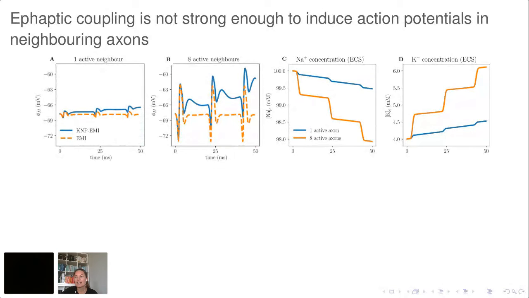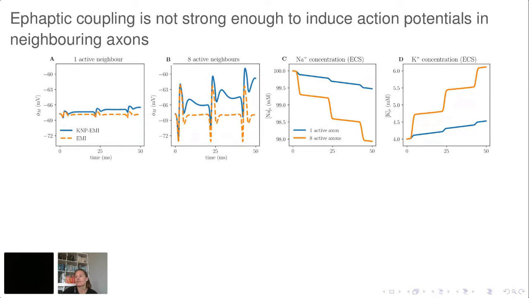The membrane potential increases slightly when a neighboring axon fires an action potential here at time 0, 25, and 50 milliseconds, which is this small bump in the membrane potential here. And with 8 active neighbors, depicted in figure B, the effect is more pronounced, but not strong enough to depolarize the membrane to the point where an action potential is fired.